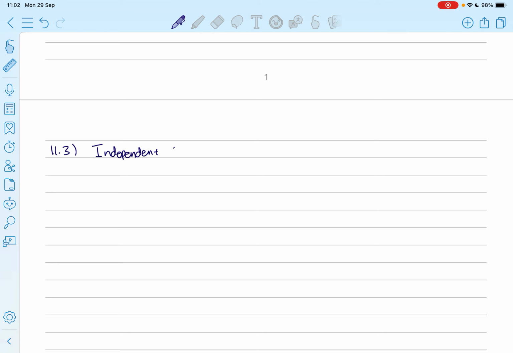So independent events must, if I take event A, multiply it by event B, this should be equal to the probability of getting event A and B, meaning each individual event multiplied should be equal to the intersection. All right. Well, if I multiply the independent events, it should equal to the intersection.